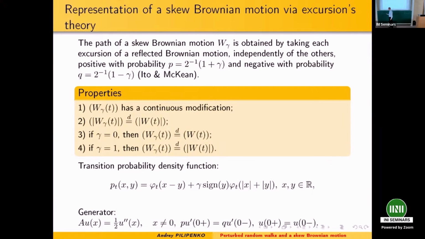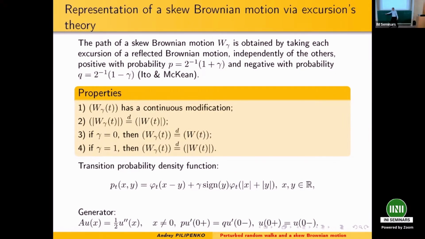These are excursions of a reflected Brownian motion. An excursion is a part of the trajectory such that the beginning is 0 and the end is 0, and there are no zeros in between. Then they enumerate all excursions in a measurable way.